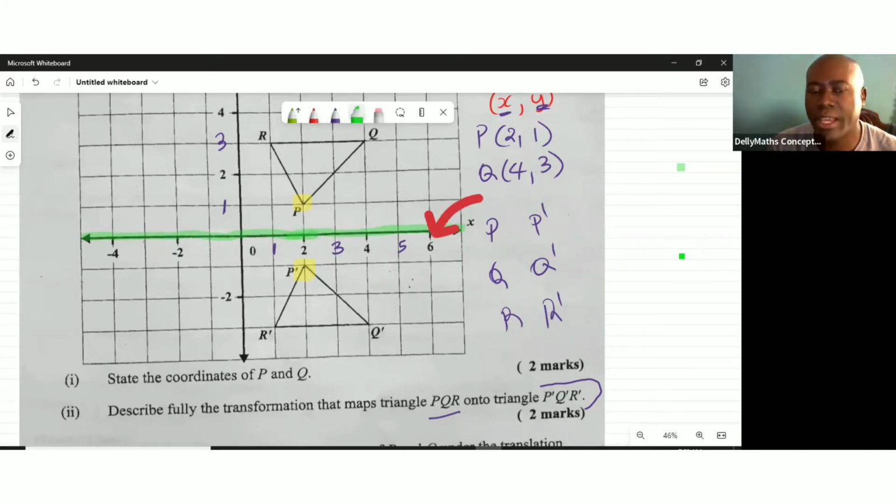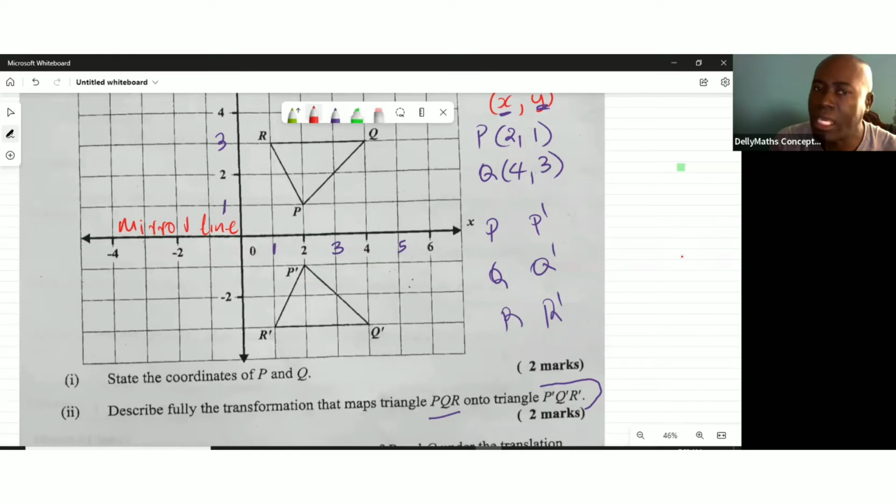All right, so the mirror is the x-axis. So we're looking at that mirror, the x-axis right there. Because the mirror is the x-axis, then we are reflecting. So this is the mirror line. It is the x-axis. So we're reflecting in the x-axis.